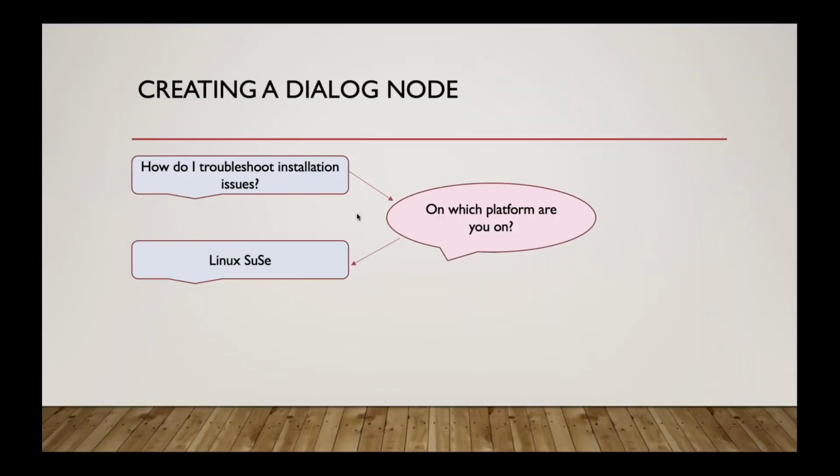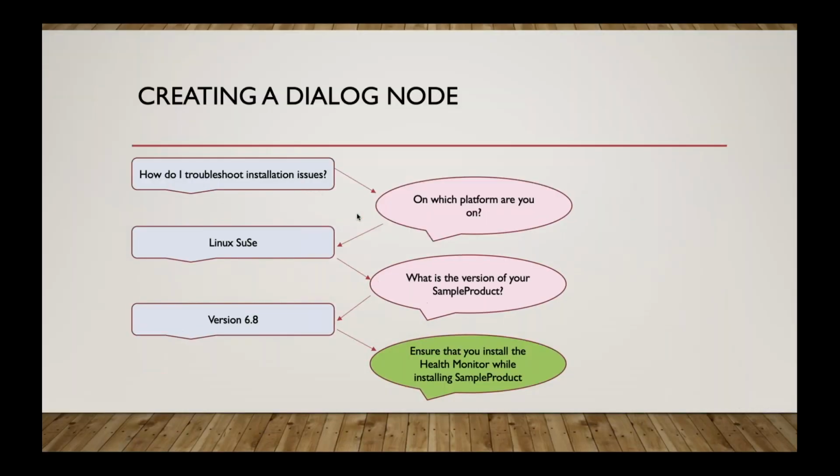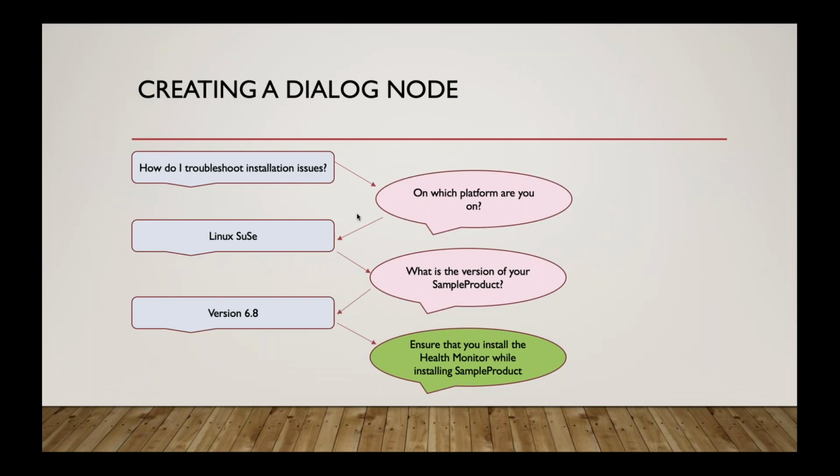So you might say Linux SUSE, and again, the bot has to ask what is the version of your sample product. This is a mechanism that you build into your dialogue nodes. As I said earlier, that's where most of your magic lies.